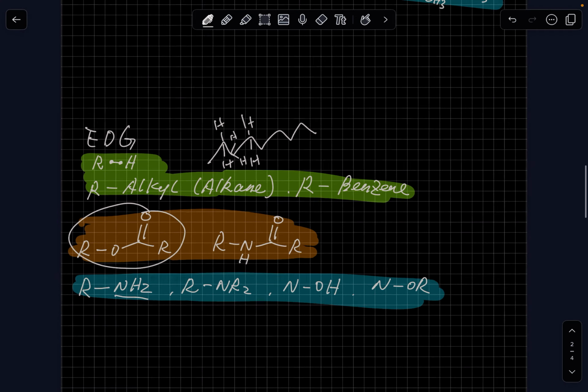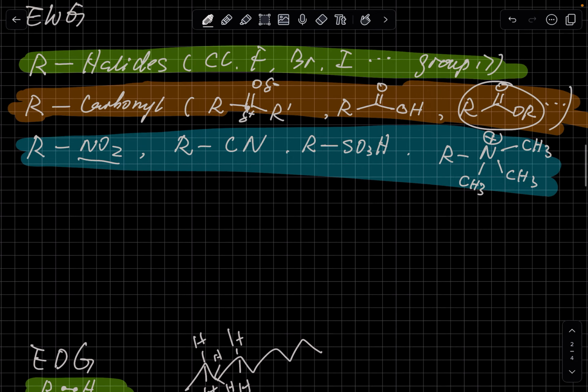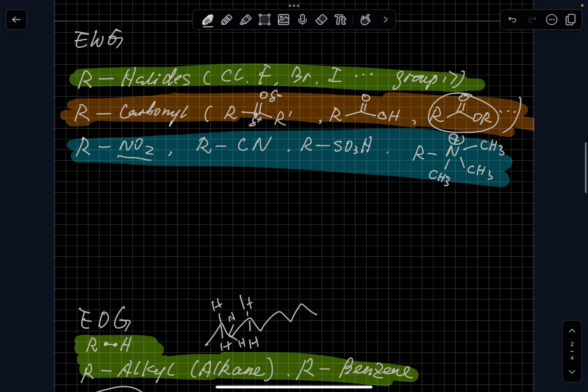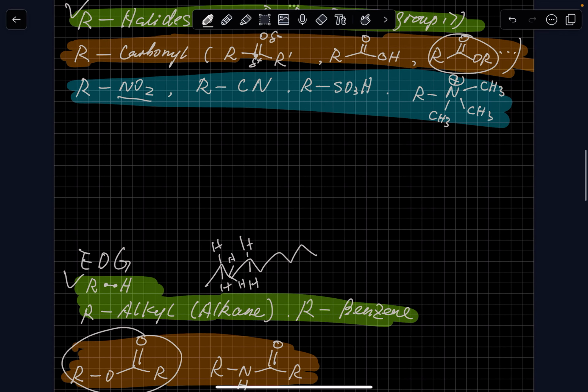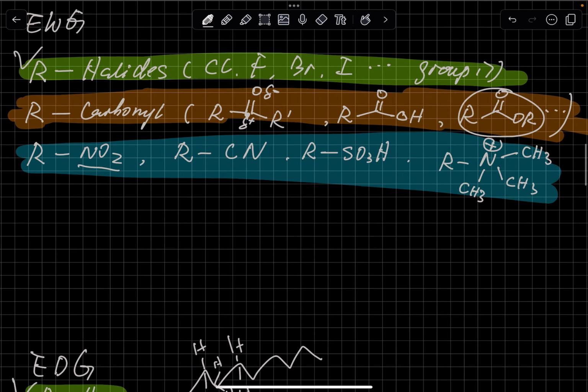Your memorization can really get messed up during an exam, right? So let me tell you a trick I've been using to quickly identify electron donating and withdrawing groups, okay? So, this one is easy to memorize. This one is easy to memorize, okay? And then let's talk about the orange ones and the blue ones, okay?